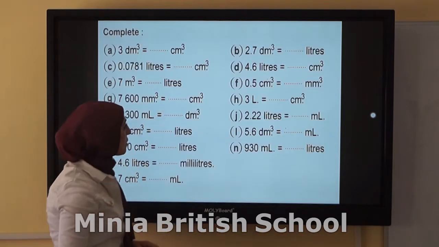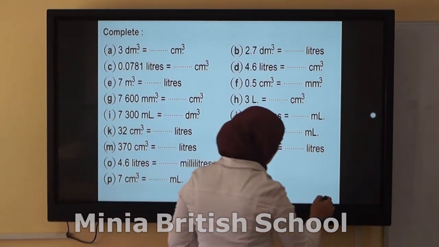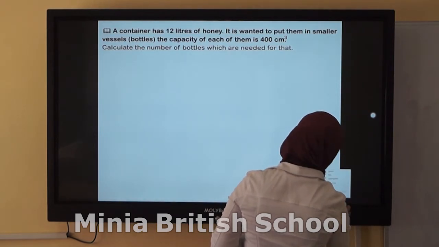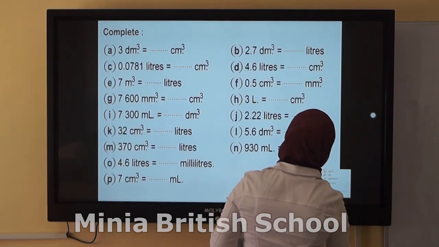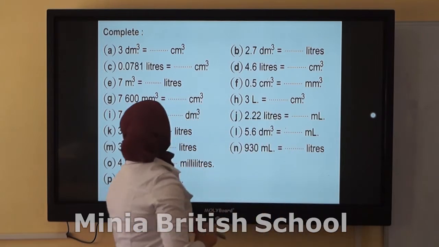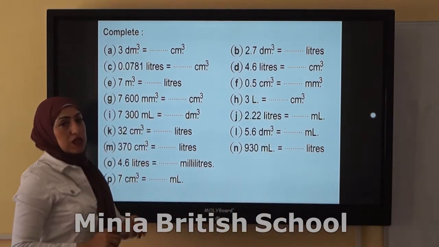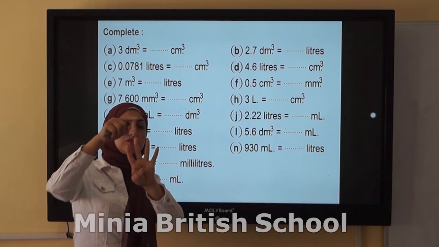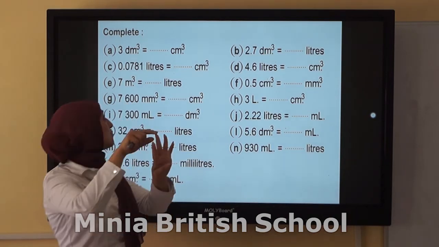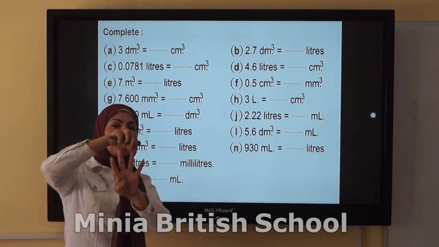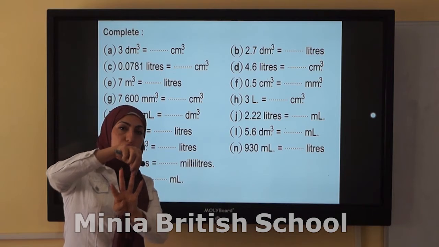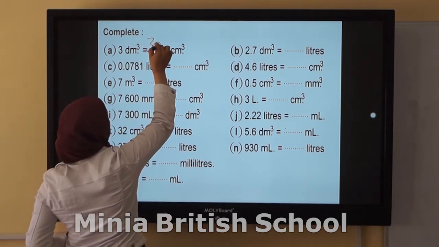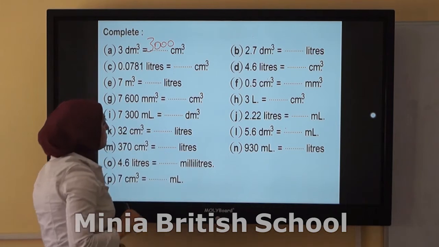Let's solve some conversions. Three cubic decimeters equal how many cubic centimeters? Again, decimeter to centimeter, so we have to multiply by 1,000. So here it would be 3,000.